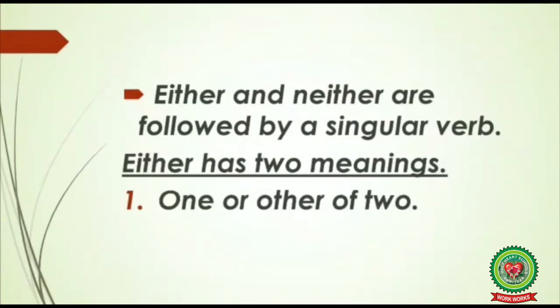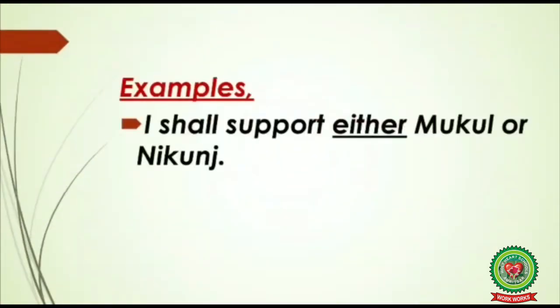The first is one or other of 2, when there is a choice out of 2. For example, I shall support either Mukul or Nikunj. Children, we have a choice between Mukul and Nikunj. So we have used either.